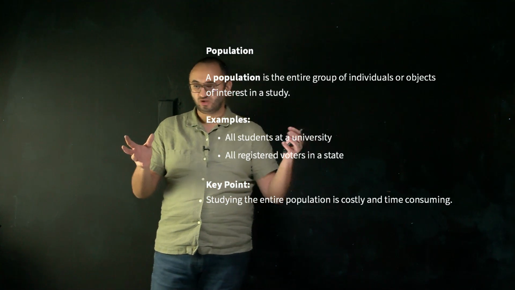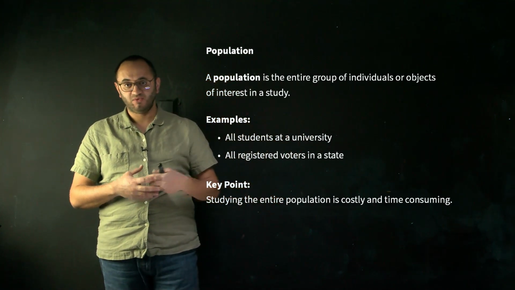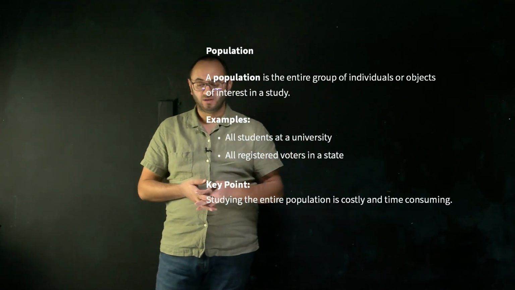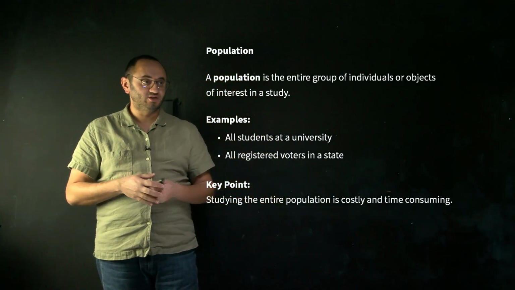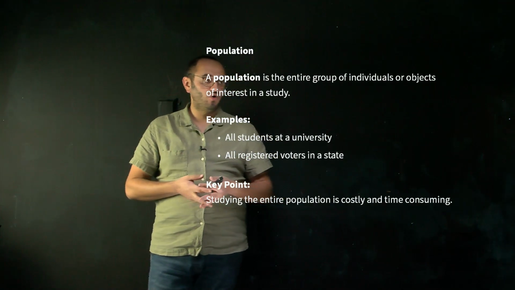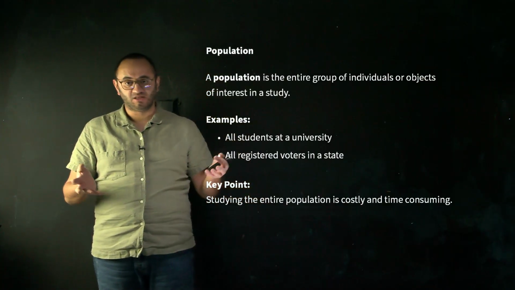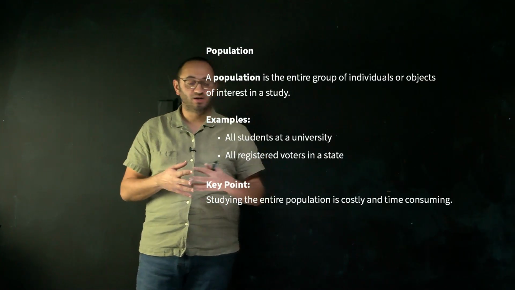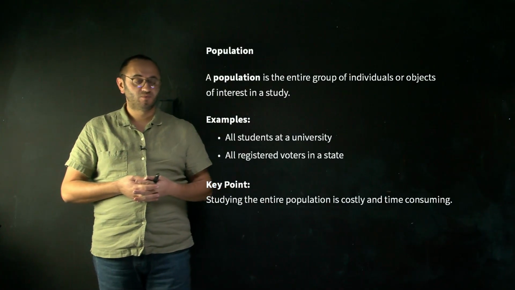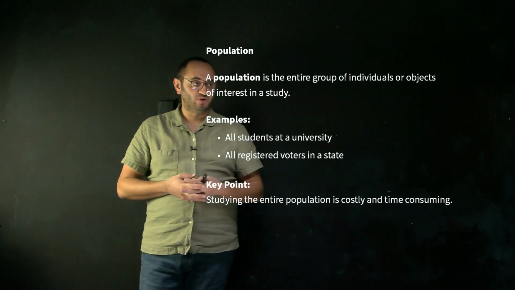Suppose we have a large university, let's say 10,000 students. So this is our population. Another example, all registered voters in a state, maybe like 1 million people, 2 million, 3 million. So those are examples of population.